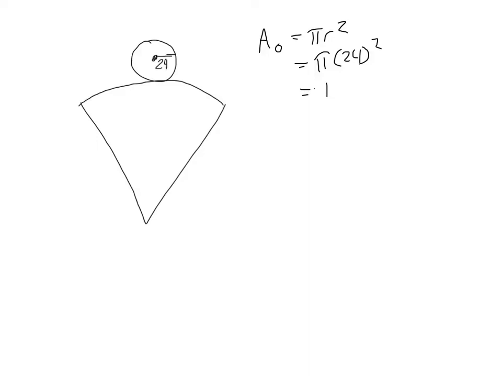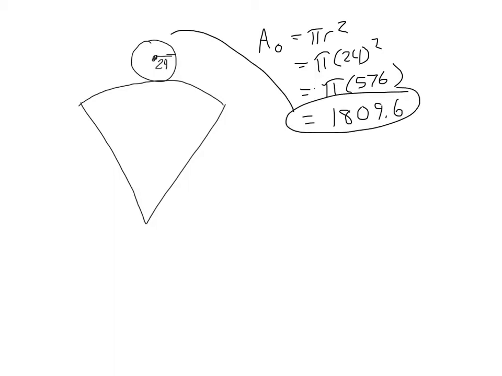So pi times 576, rounded to the nearest tenth, is 1809.6 millimeters squared. So that's the area of the base.